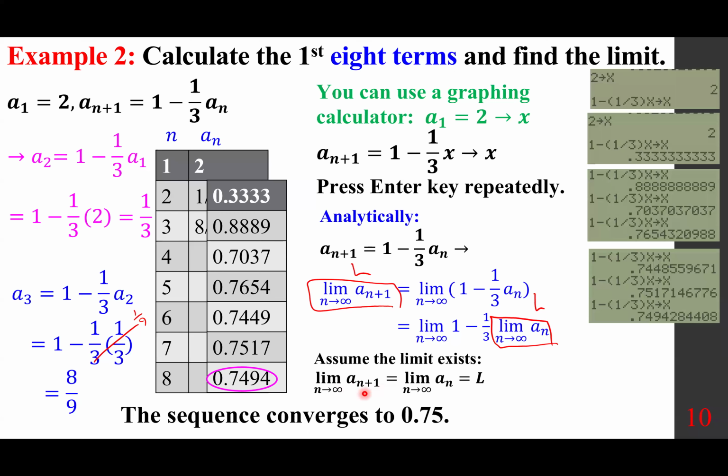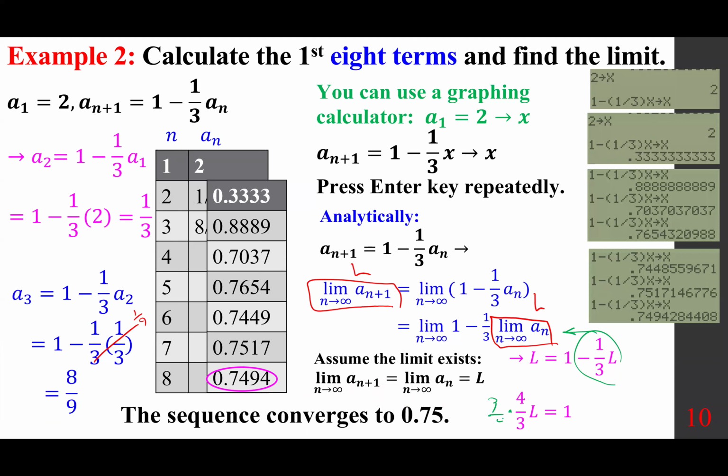and the limit of a sub n plus 1 or limit of a sub n makes no difference, at some point, as n approaches infinity becomes L, so replace it. And I hope you see that I can move this, make it positive 1/3 here. So you get 4/3 L equals 1.